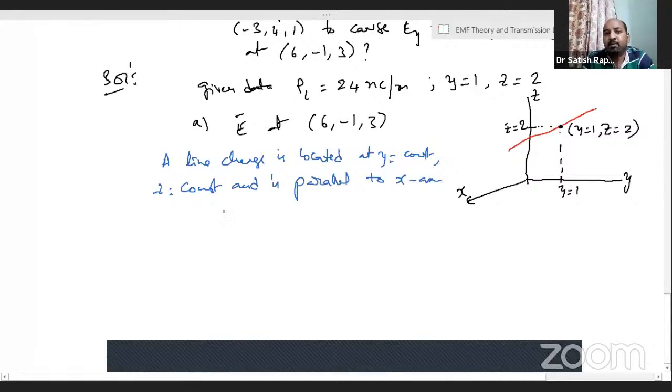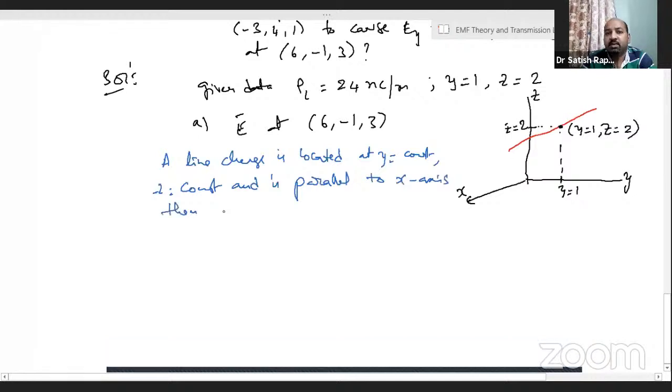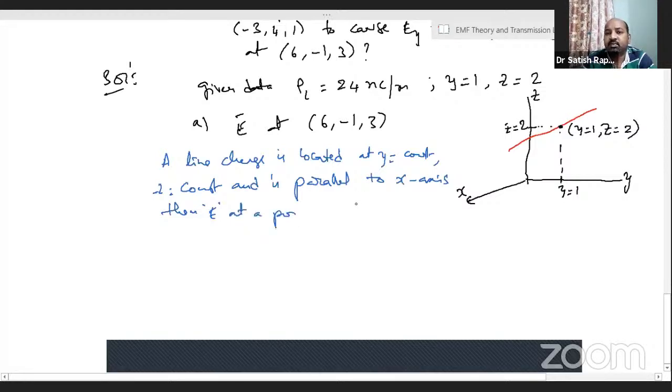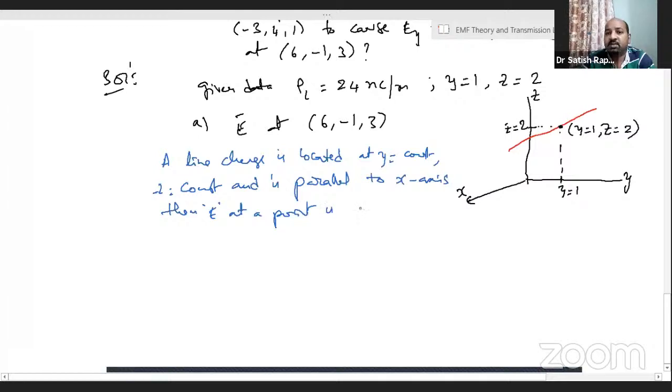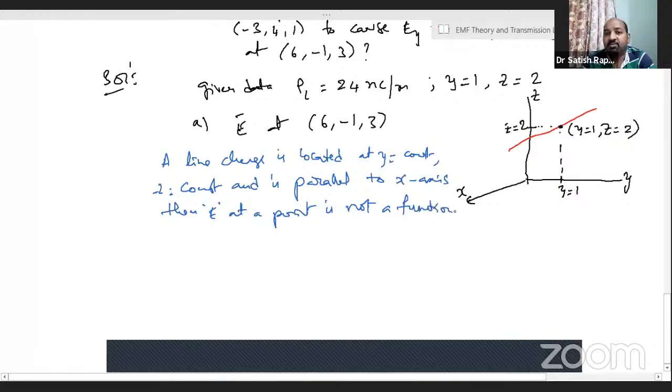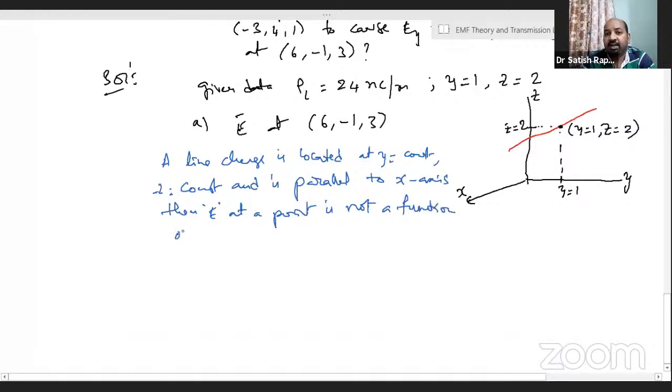Then the electric field at a point is not a function of x.